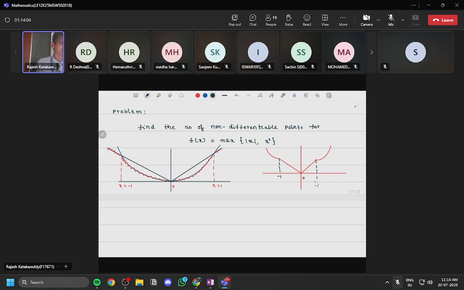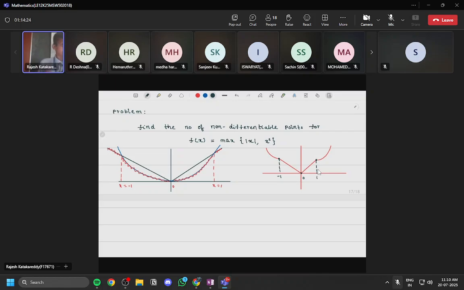Do you see any breaks? No breaks means function is continuous. Clear? Now I can see this is corner number 1 or turn number 1 at -1. Turn number 2 at 0. Turn number 3 at 1. I can see by graph there are 3 non-differentiable points.